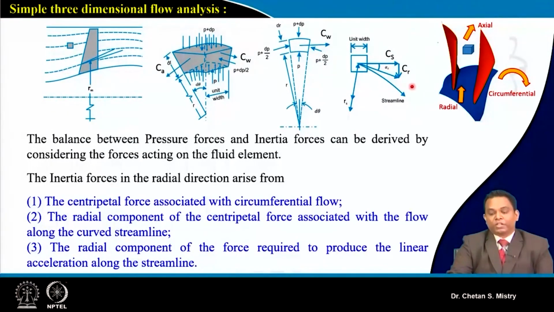So you can say this represents what is happening in terms of my centripetal action: the radial component of centripetal force associated with the flow along the curved streamline. So it's a curved streamline along which we will have one component for centripetal force. We also will have a radial component of force associated to produce a linear acceleration along the streamline.